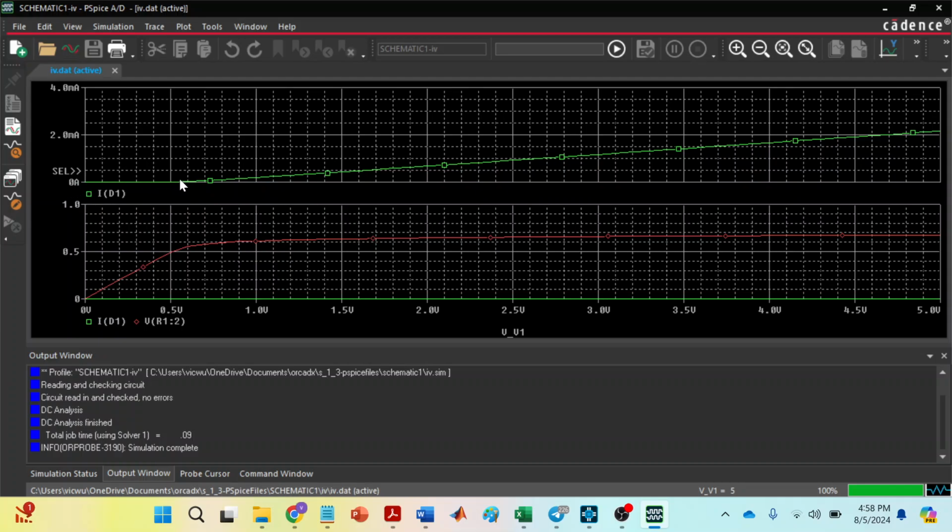The value of the current is essentially zero, but when it gets to about 0.7 volts, it begins to increase linearly until it reaches the maximum value of about 2.2 milliamp.